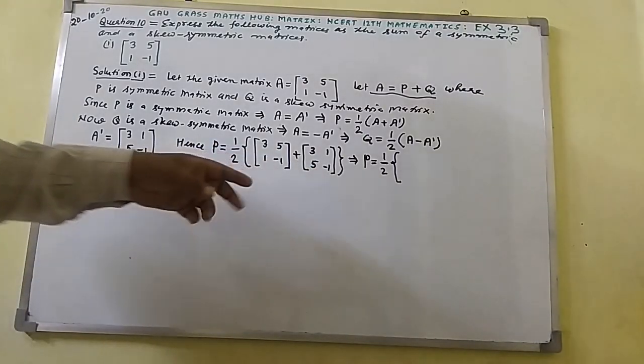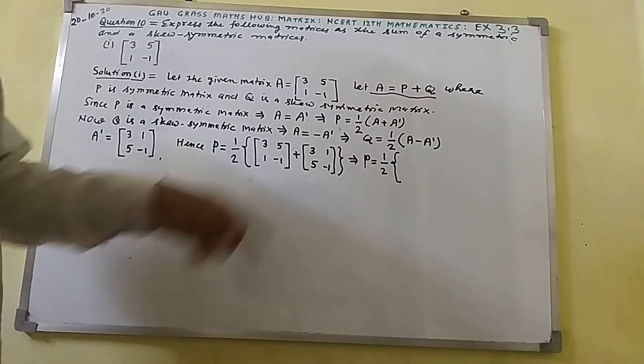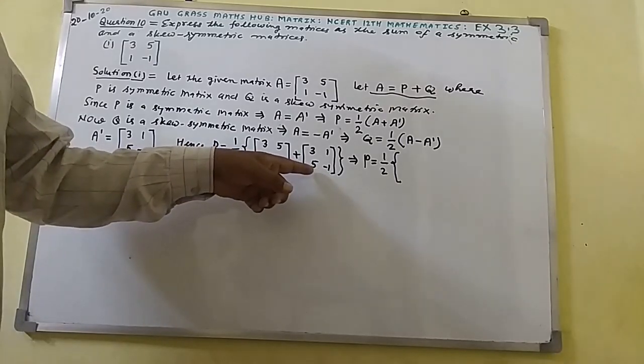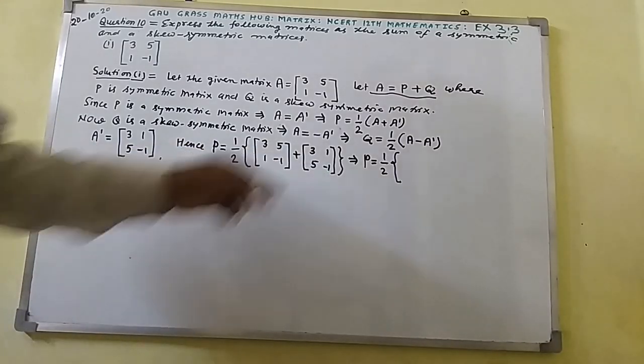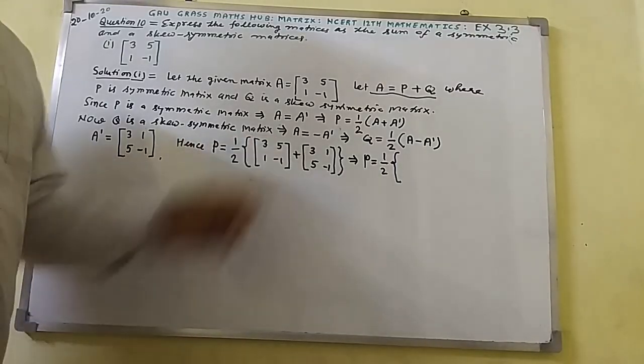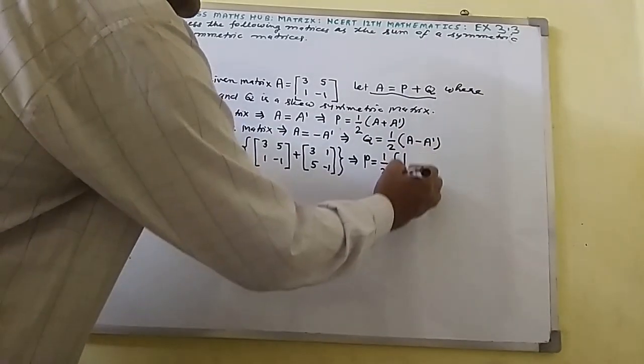The given matrix is of order 2 cross 2 and the transpose of the matrix A will also be of 2 cross 2. So the respective elements will be added together. So we will get like this.